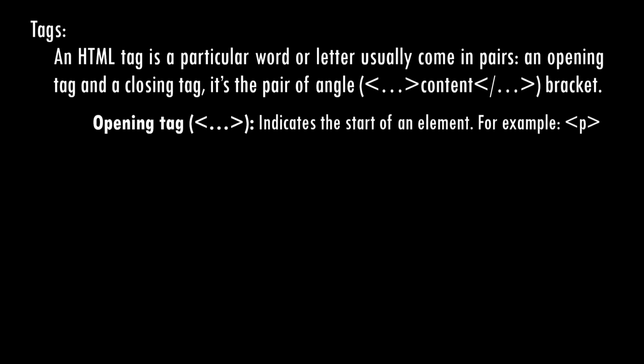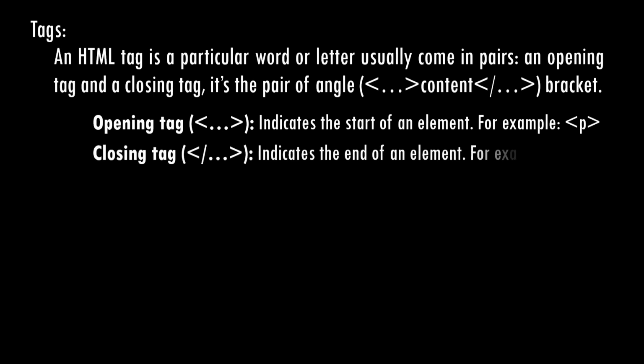P is the tag name and there are two signs: one is the less than sign and the other is the greater than sign. The closing tag indicates the end of an element. For example, again the p tag. Here notice that before the tag name there is a slash added for this closing tag.